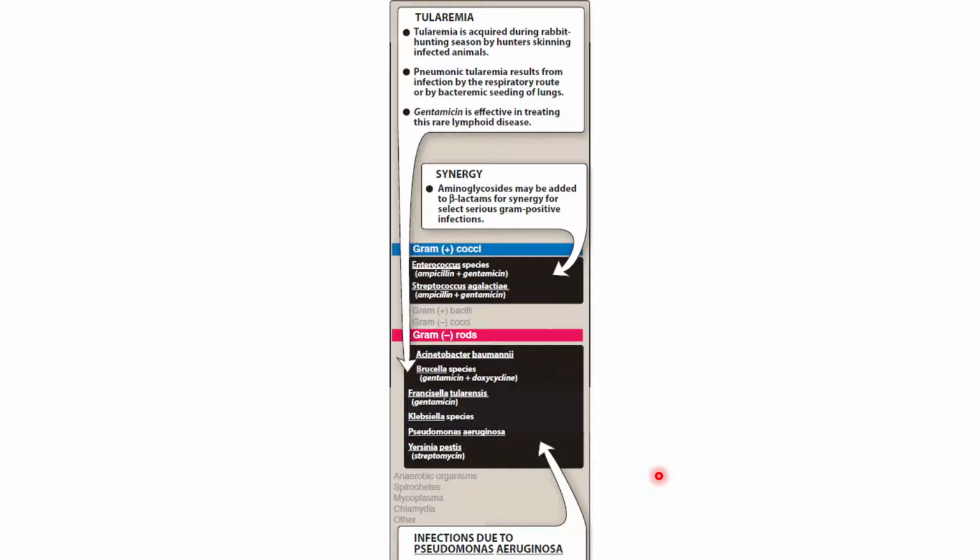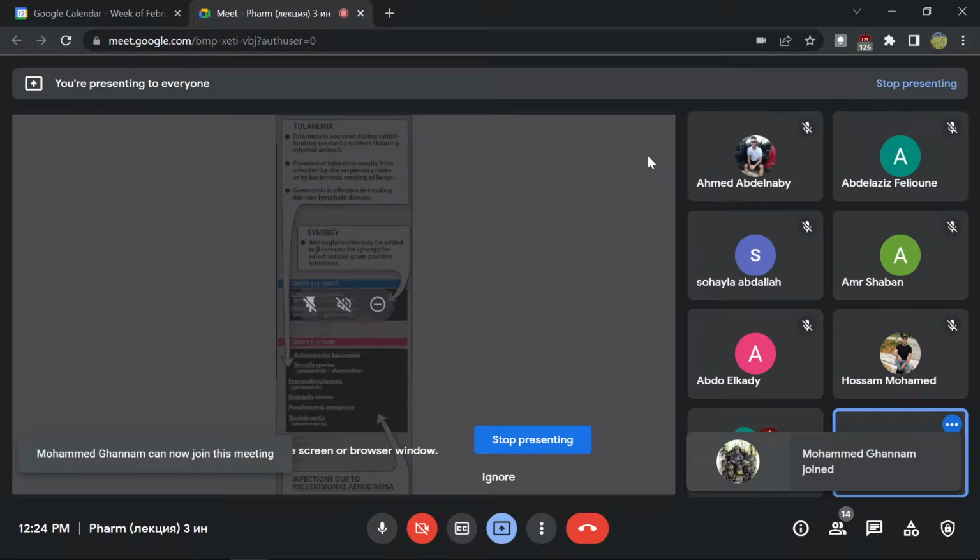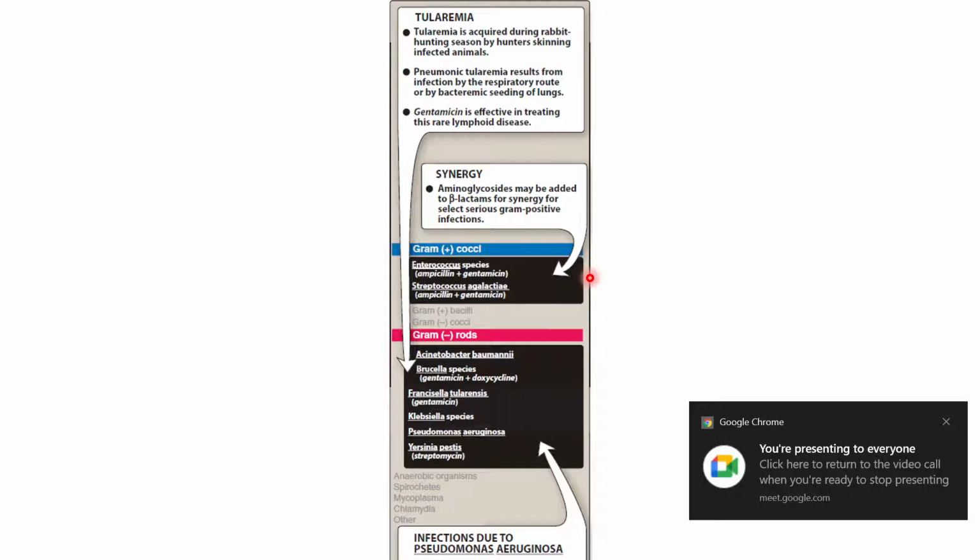Then for gentamicin, the spectrum of the antibiotic is mostly gram negative, but for gram positive it includes Enterococcus species and Streptococcus agalactiae.